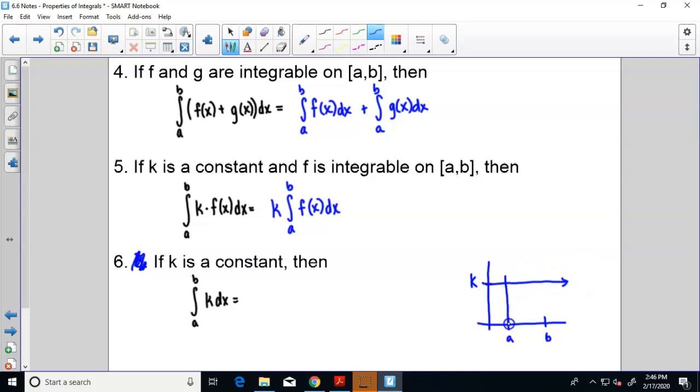Well, the area under that curve is just a rectangle, right? What is the height of that rectangle? It is k. What is the width of the rectangle here? B minus a. So our area would be k times b minus a.